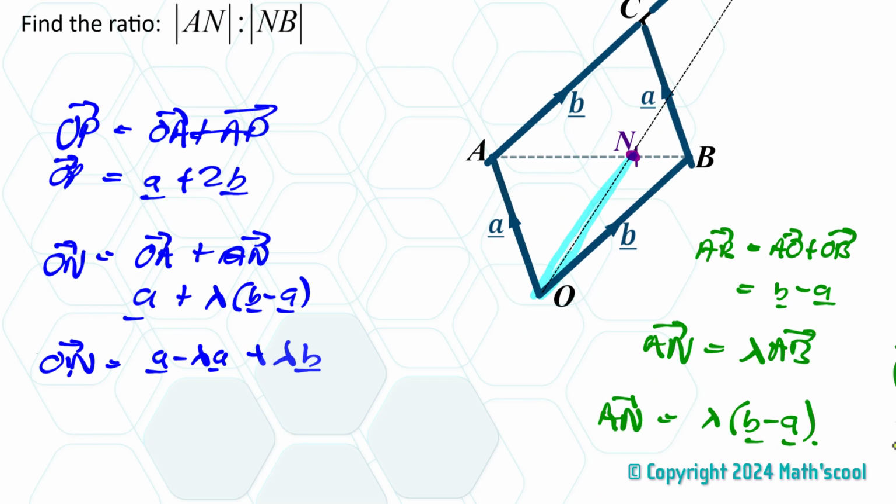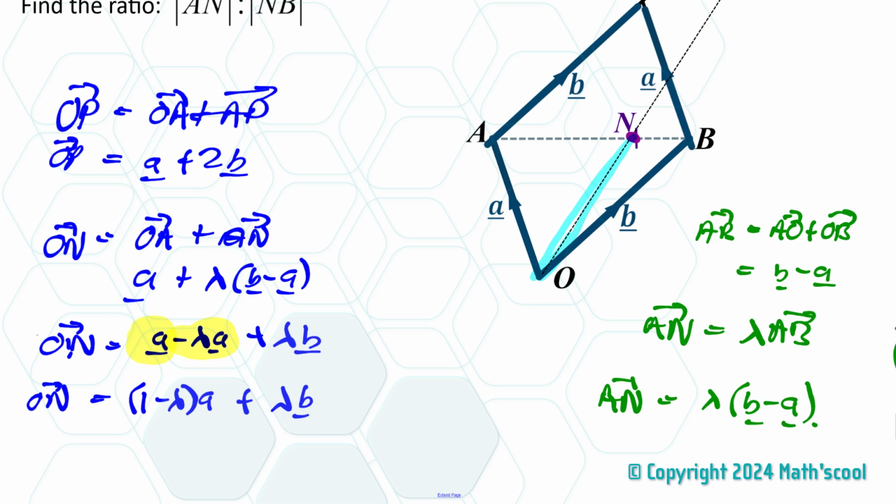In particular, when you have 2x and 3x, they're like terms. So what I'm going to do is just rewrite that as 1 minus lambda times A plus lambda times B equals O to N. Now I know these have got to be parallel.